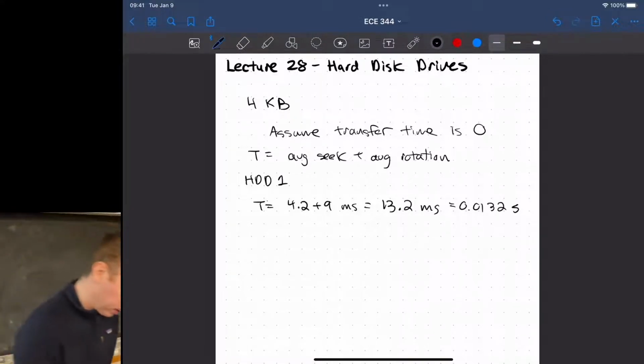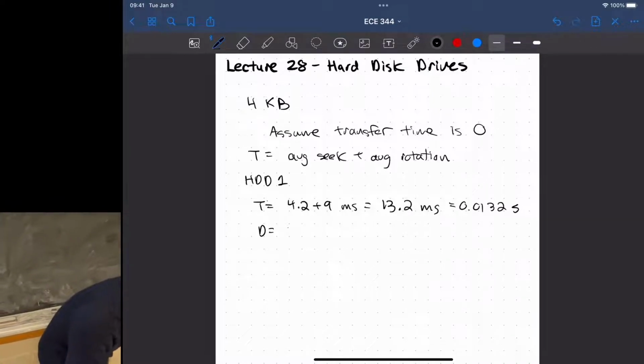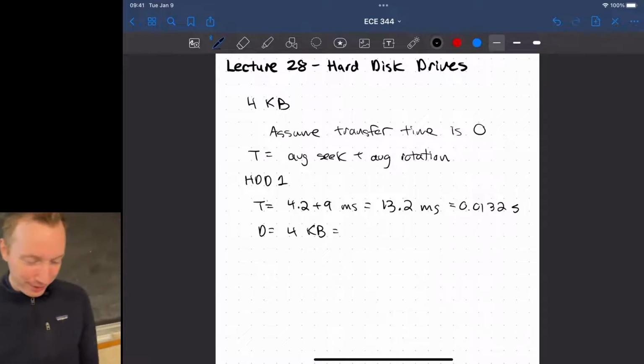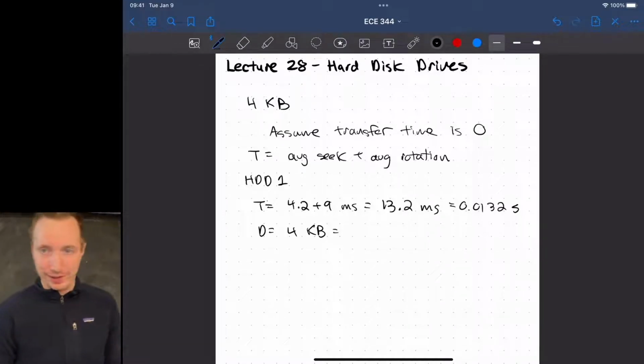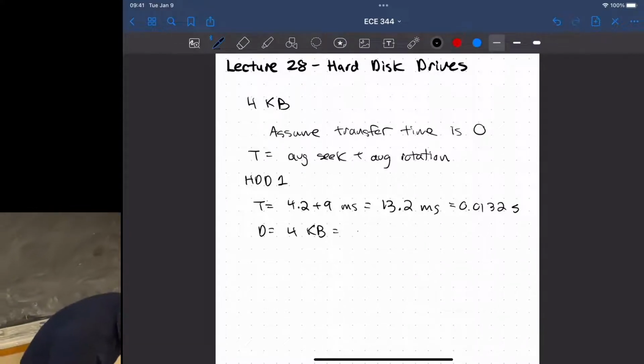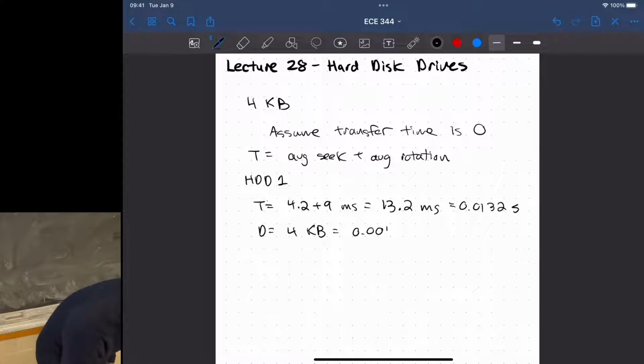So then, in this case, the amount of data we're transferring is 4 kilobytes, and then we can actually assume it's like the hard drive manufacturers' convention, where 1 megabyte is actually 1,000 kilobytes, which is not really that true.